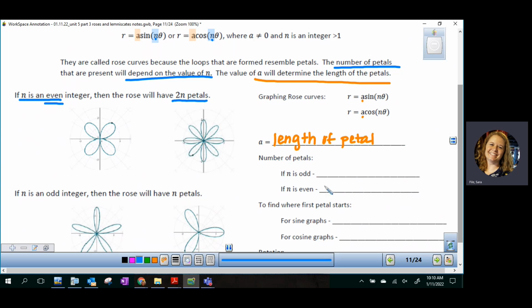So in these two examples that are drawn out, this rose curve has 4 petals. So that means in the equation, the n must have been 2. This rose curve has 8 petals. So what would n have been for this equation? Good. And in both of these, the a value is 2 because those rose petals are 2 units long.